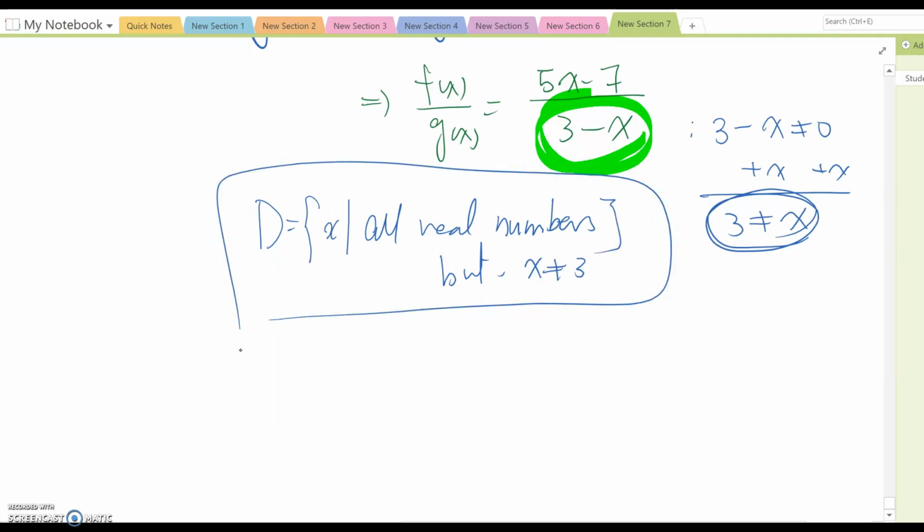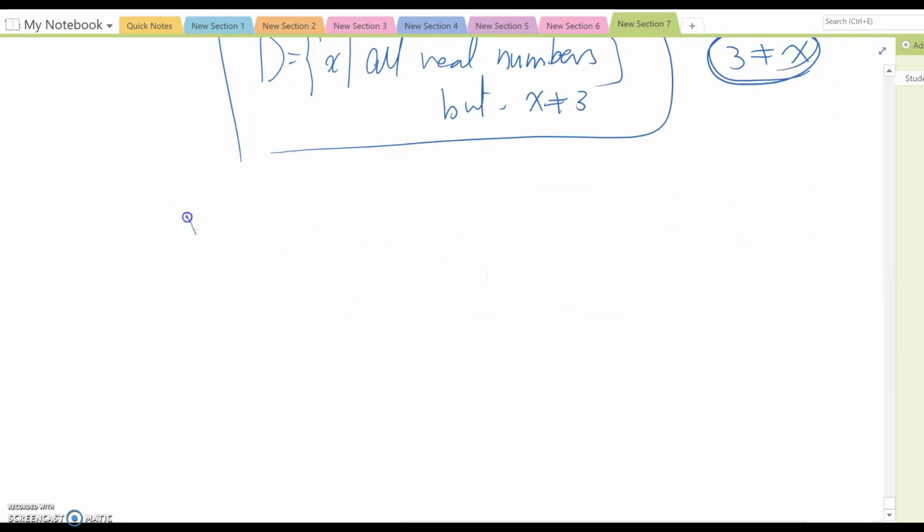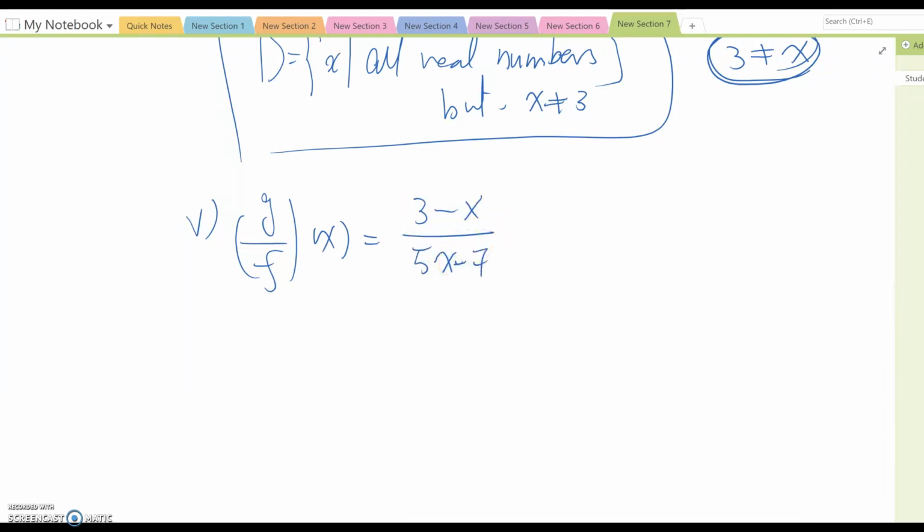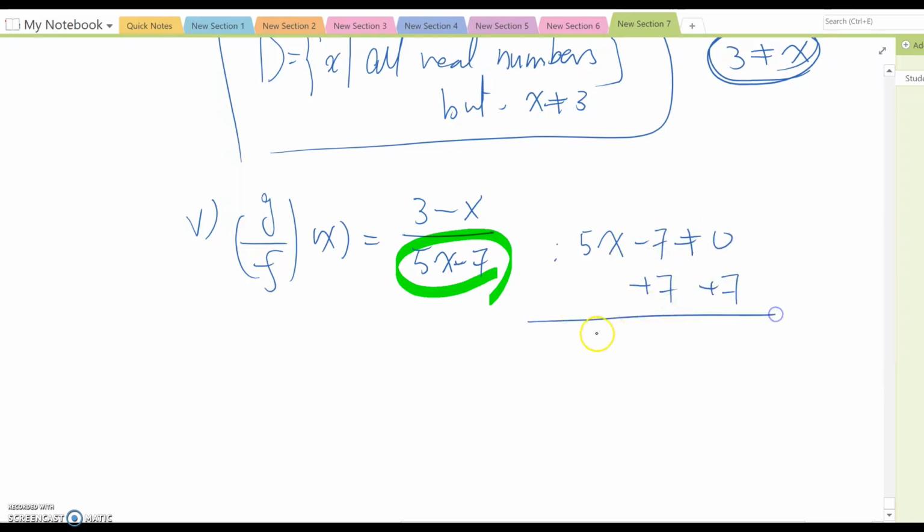Okay, then simply number 5, we are doing (g over f)(x), right? If I skip one step, it becomes (3 minus x) over (5x minus 7) here. In this case, we know the denominator cannot be 0. Therefore, you set up 5x minus 7 cannot be 0, and then solve for x from here.